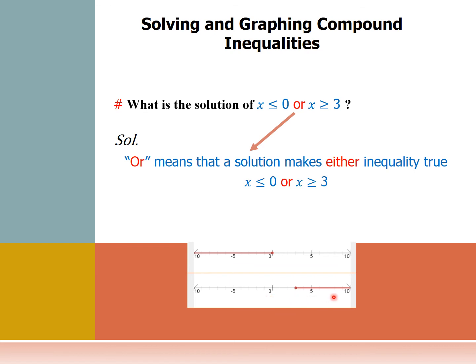Then we don't want to find the common area between the two graphs, just graph both of the solutions, both of them on the same line. This is the first area and this is the second area, together on the same line, to get the solution of the inequality when we have the word or.